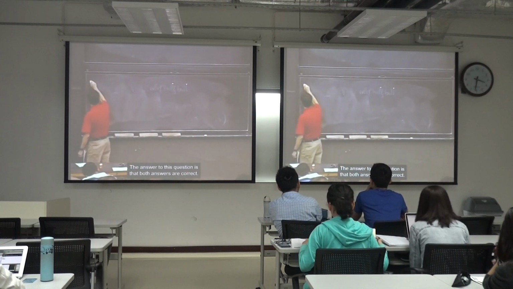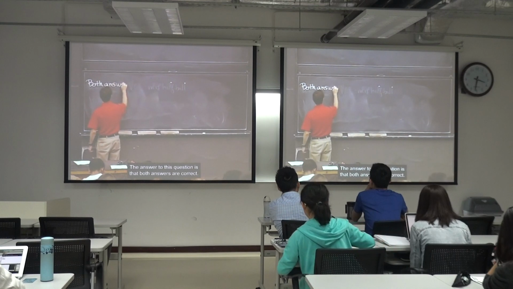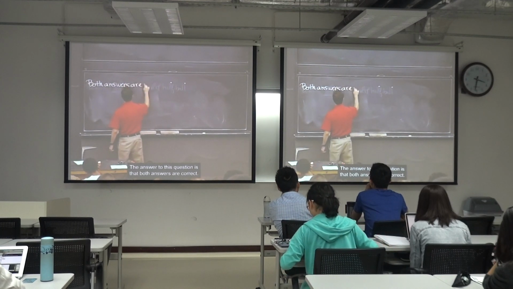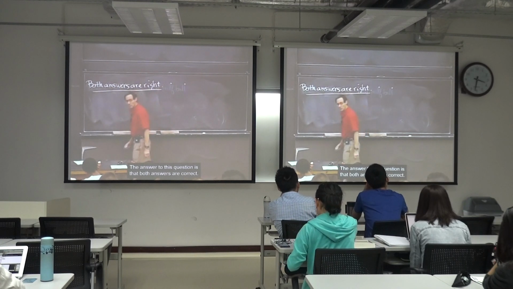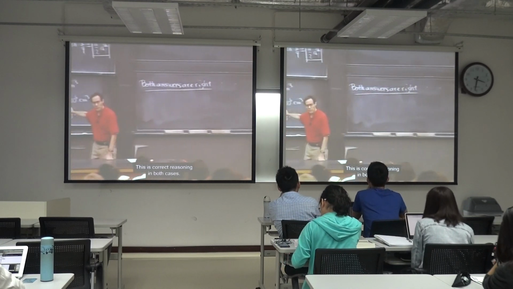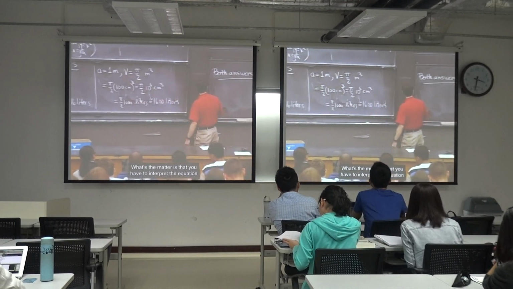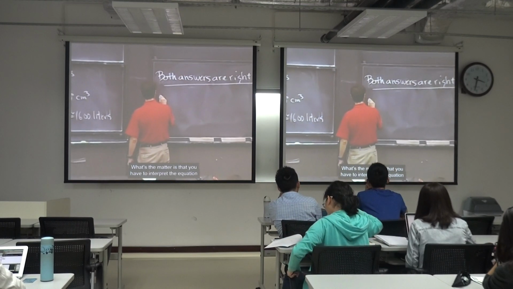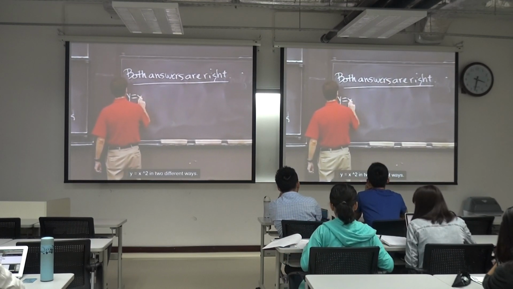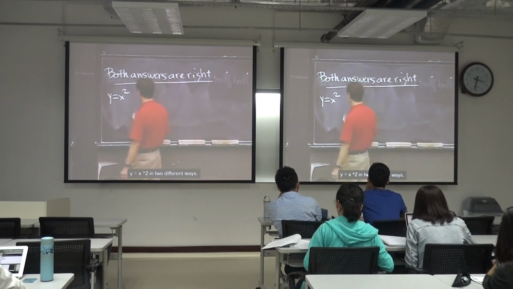The answer to this question is that both answers are correct. All right? This is correct reasoning in both cases. What's the matter is that you have to interpret the equation y equals x squared in two different ways.